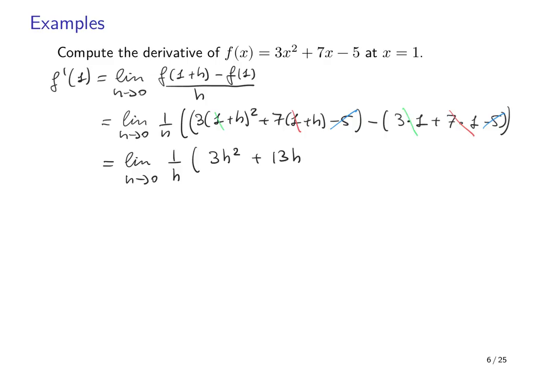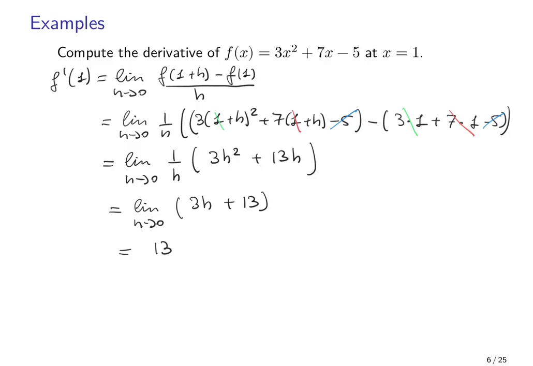And in fact, all the constant terms cancel against each other. That leaves us with a nice simplification. We can divide by h in both the numerator and the denominator, and we're left with the limit as h goes to 0 of 3 times h plus 13, and that is of course 13.